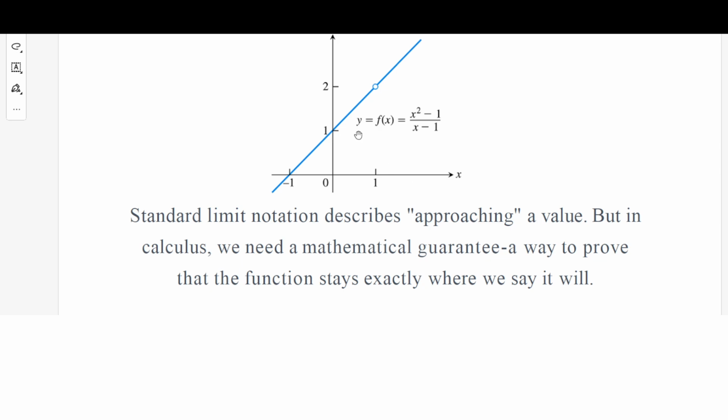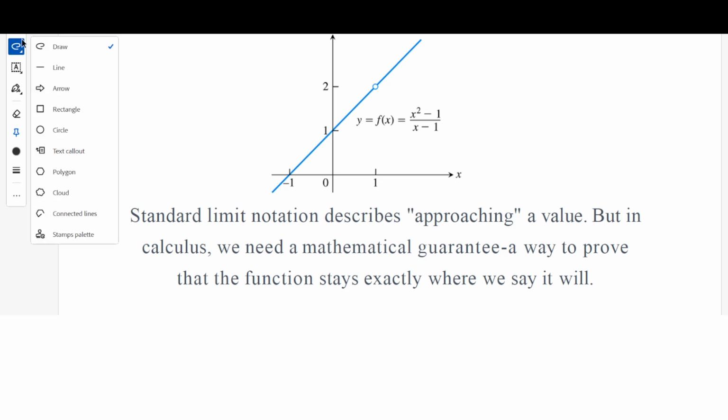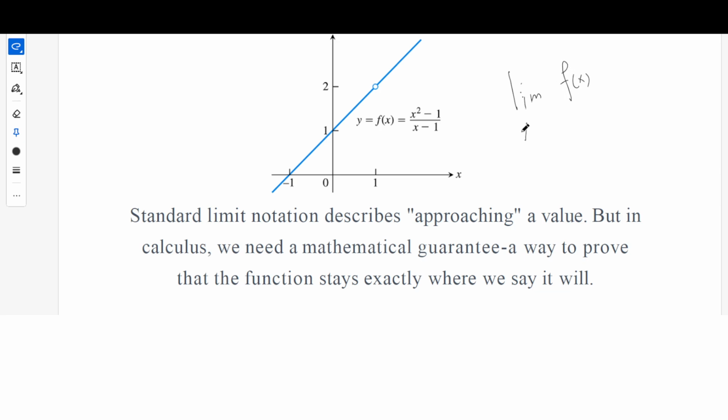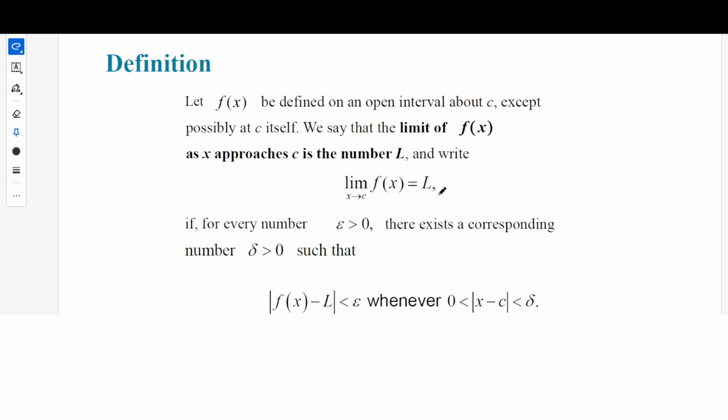So if you go back to this example, the limit of this function when x approaches 1 is 2. So how do we write it? Limit of f of x when x approaches 1 is 2. From the graph, it's very clear. Here, L is 2, x approaches 1, the value of the function is given from the graph.